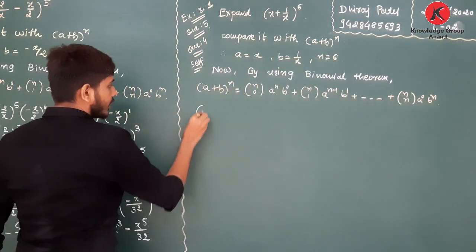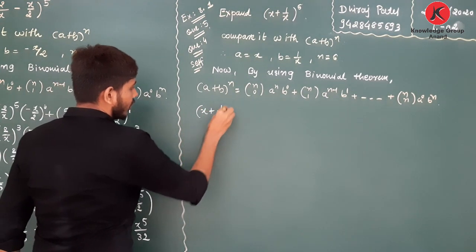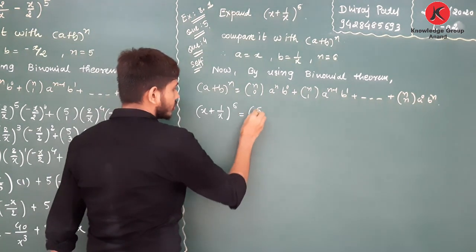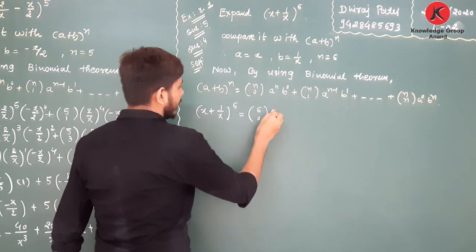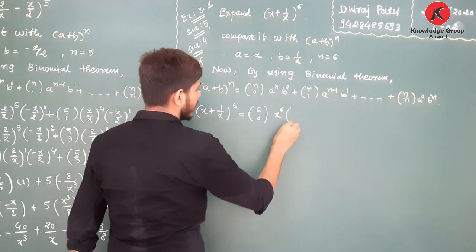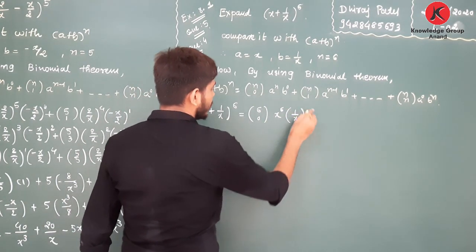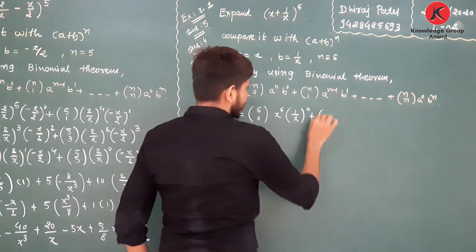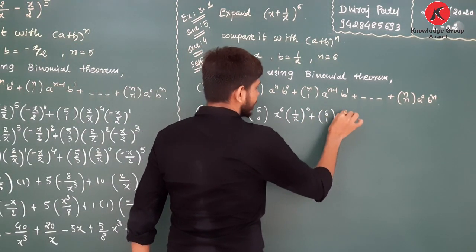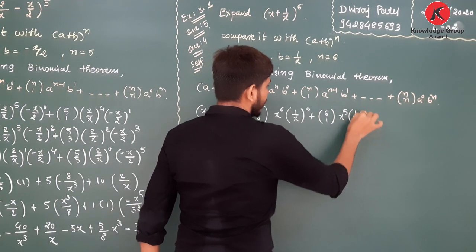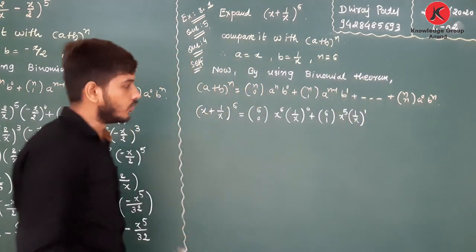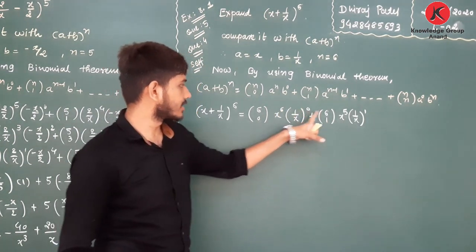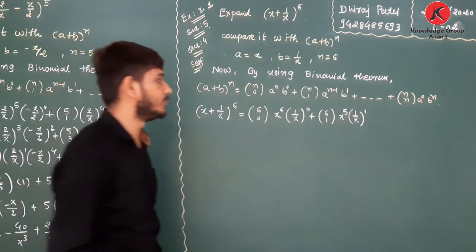We are getting (x plus 1 upon x) whole raised to 6, which is equal to, n equals 6, 6C0 a equals x raised to 6 into b, 1 upon x raised to 0, plus 6C1 x raised to 5 into 1 upon x raised to 1. The power of x raised to 6 is decreasing and 1 upon x is increasing continuously by 1.